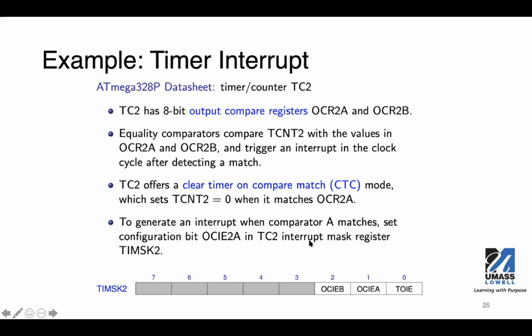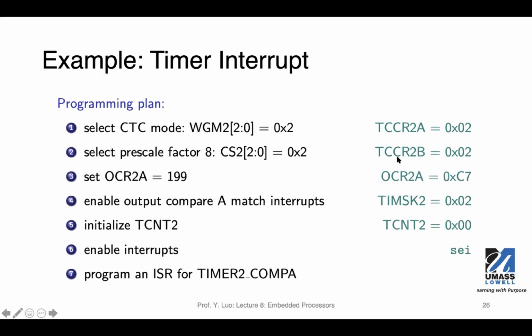To generate an interrupt, you also need to set a few bits for the mask. You need to set the configuration, this 2A, to indicate that we're going to be using this OCR2A as the upper bound for the counter. So a few lines of code will help us accomplish what we wanted to do. We first select the counter mode. There's a control register you need to set, and then you set the prescale factor of 8.